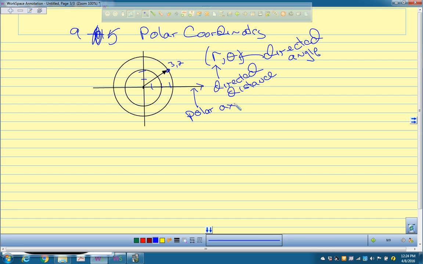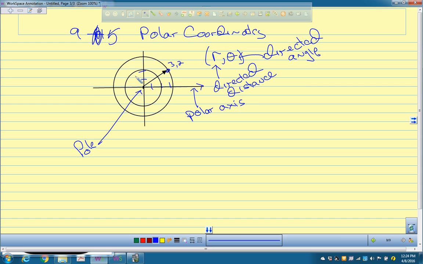To get to this point using polar coordinates, I could go out some amount and then rotate through. I wouldn't go out 3, because that wouldn't correspond to (3, 2) in the rectangular coordinate system. It would correspond to something bigger or smaller. And this is called the pole.